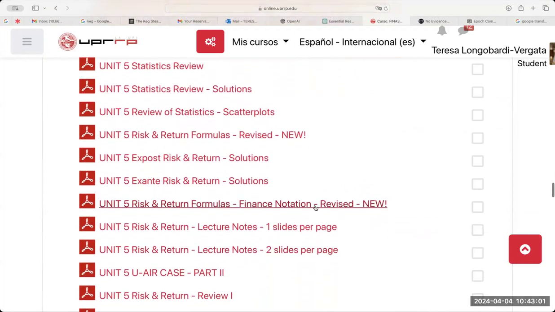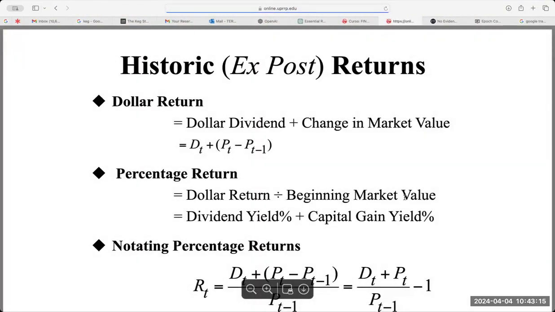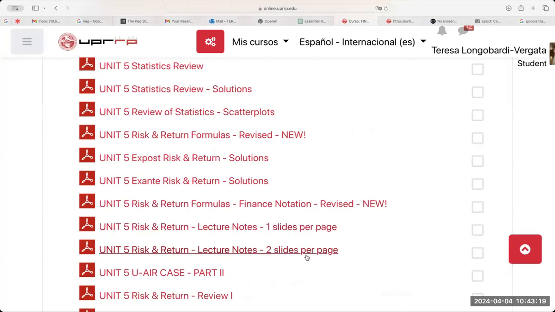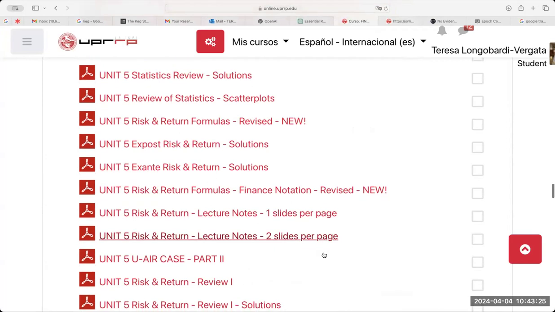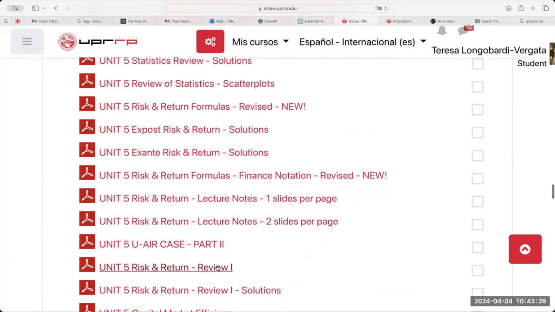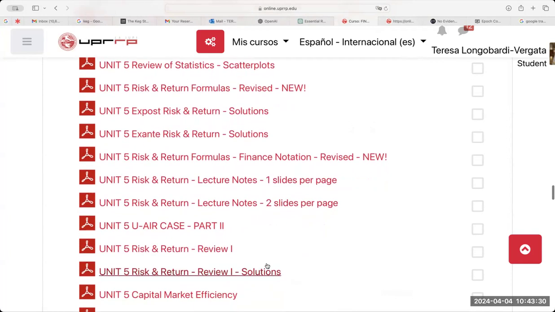And what we're going to talk about now is using and applying the tool of statistics with financial data. And these are the notes that we're going to talk about today. You can get the one with 2 slides if you like to print them. And this is what I expect you to work on this weekend, review 1. And the solutions are here, but you should work on those.